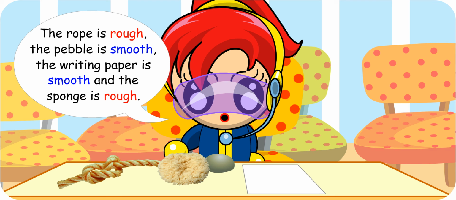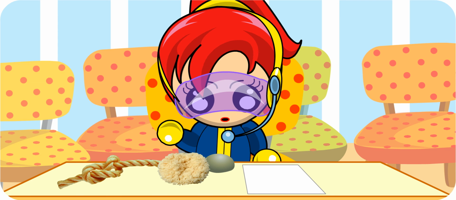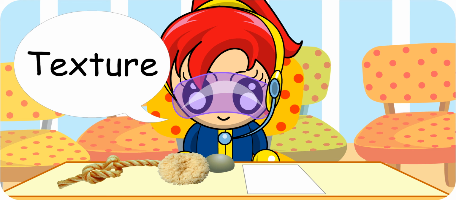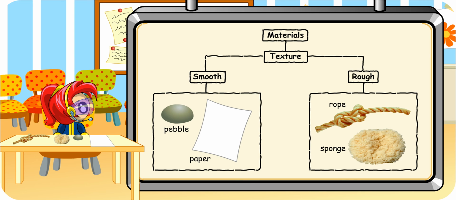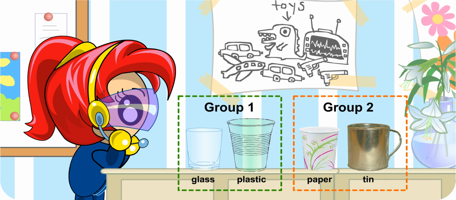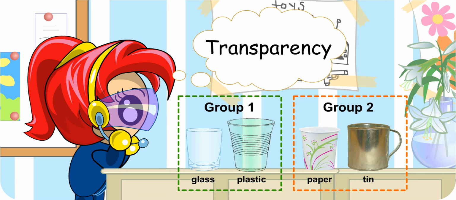And the sponge is rough. I know, we can group them based on their texture. Very clever. Look at the items. Can you guess how they are grouped? I think they are grouped based on the amount of light which is able to pass through them. You are absolutely right. They are grouped based on their transparency.